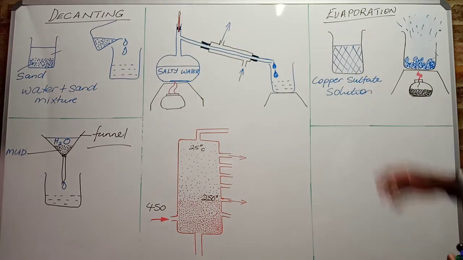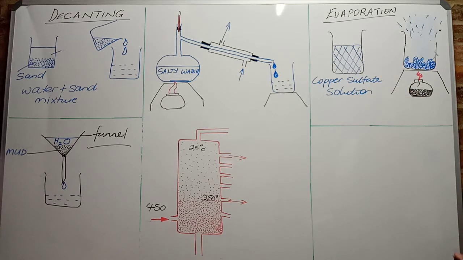Copper sulfate dissolves in water, but the two do not chemically bond. Copper sulfate completely dissolves in water, as much as salt dissolves in water.